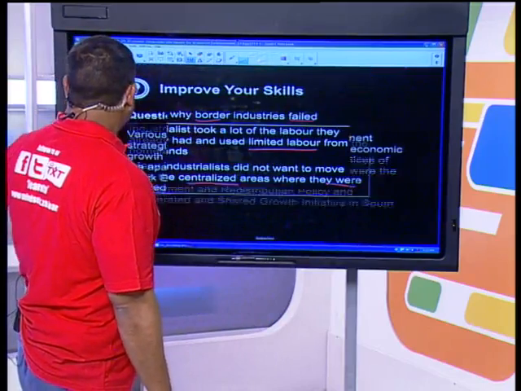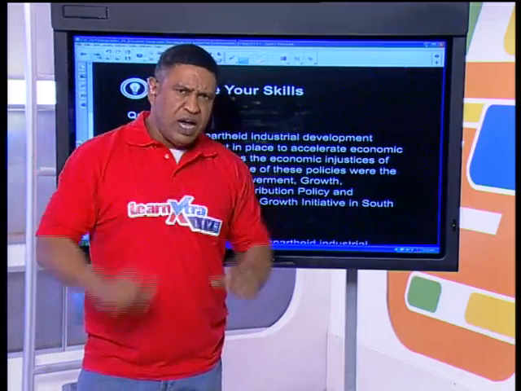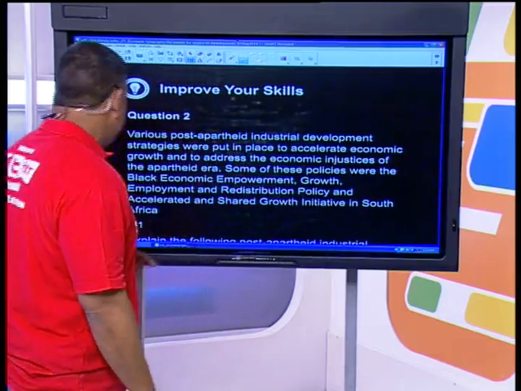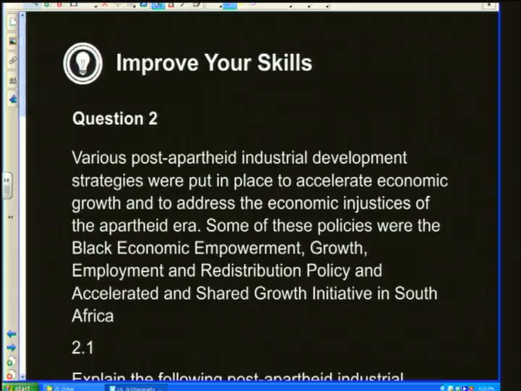Right, let's look at the next one. Question 2. I've put in a little article here, because that's the type of question you can also get. Various post-apartheid industrial development strategies were put into place to accelerate economic growth and to address economic injustices.